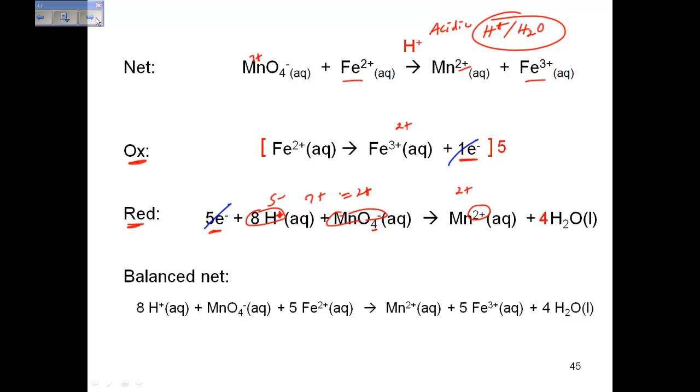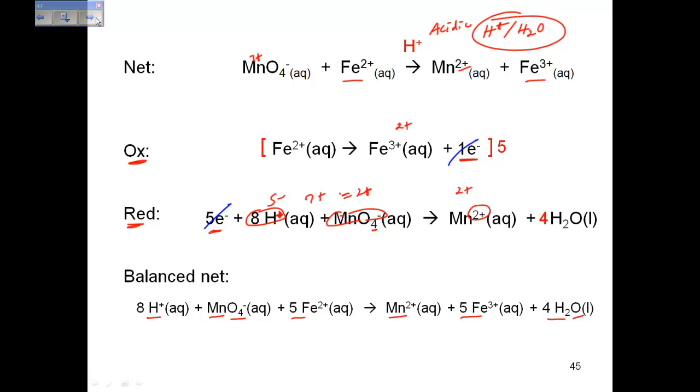I see that I have 8 hydrogens. I see I have 1 manganese. I see I have 4 oxygens. And I see I have 5 irons. So all my atoms are balanced. What about charge?